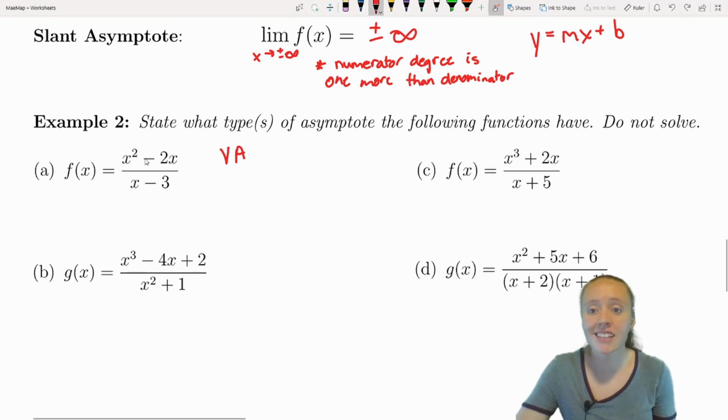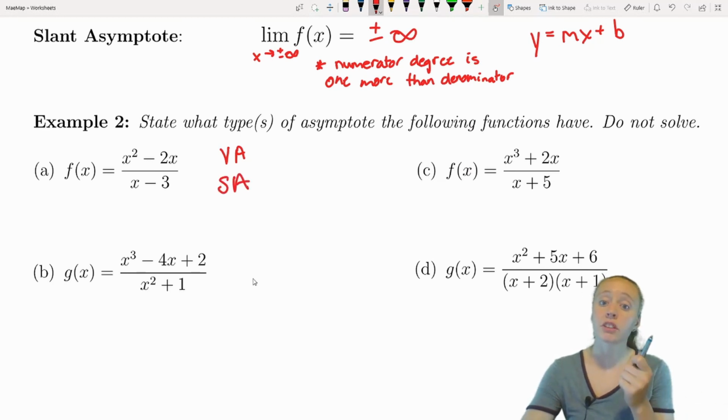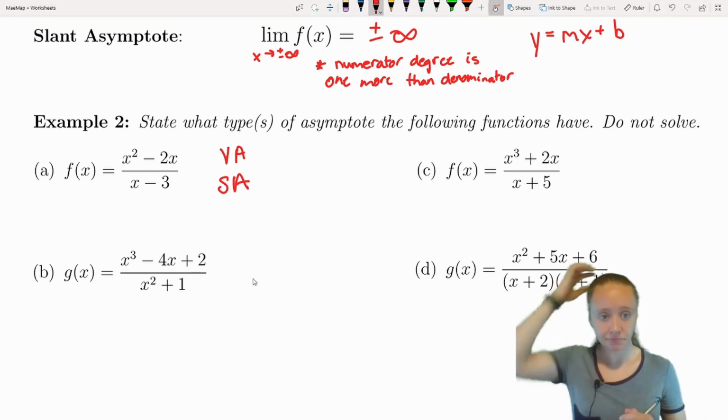However, check this out. Our degree in our numerator, that highest degree, is exactly one more than our degree in our denominator, so we know we do indeed have a slant asymptote. So in A, we have a vertical asymptote and a slant asymptote. And remember the way you would solve for a slant, you would do that polynomial long division and get that y equals mx plus b.